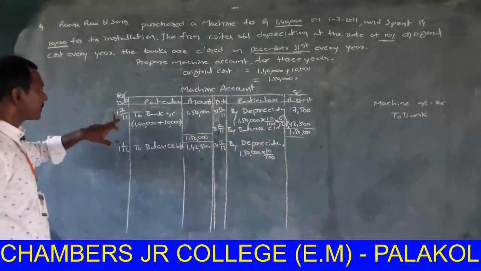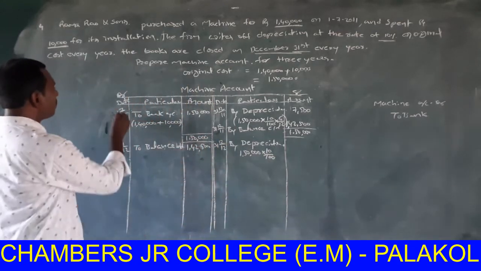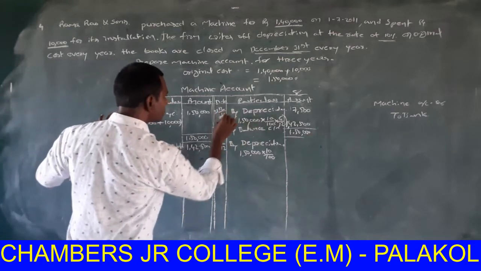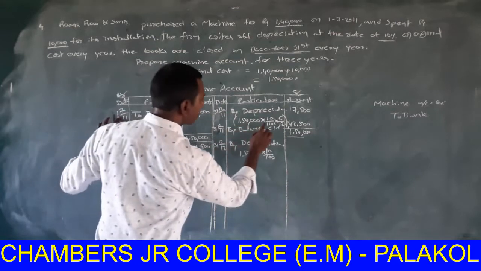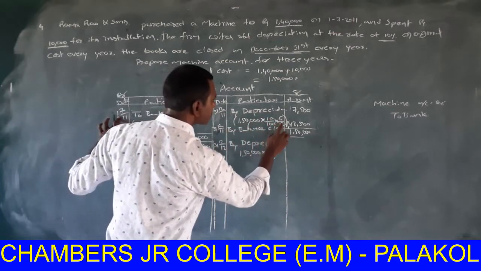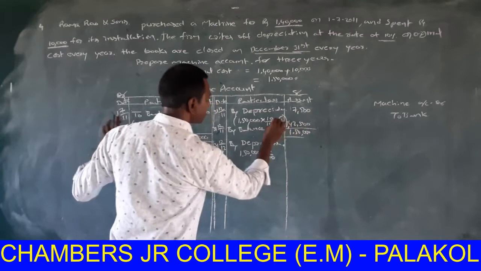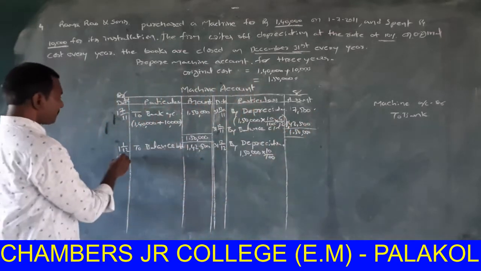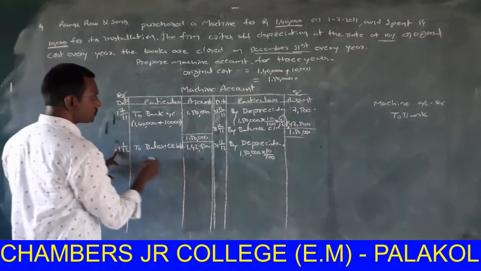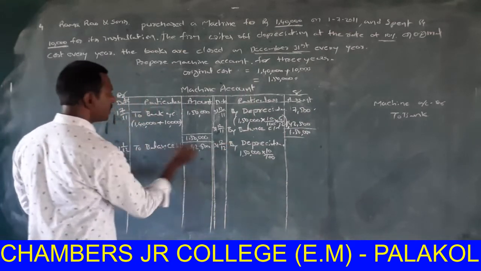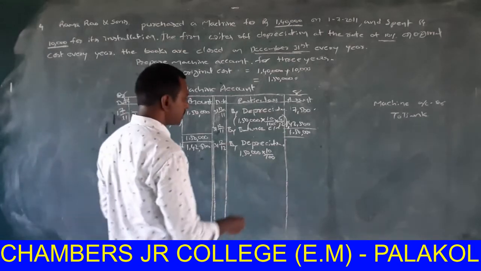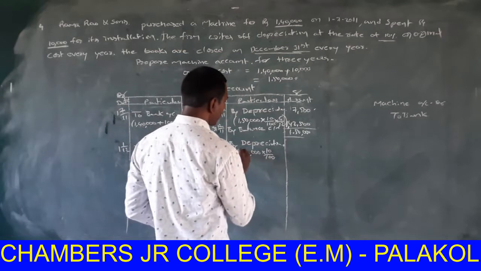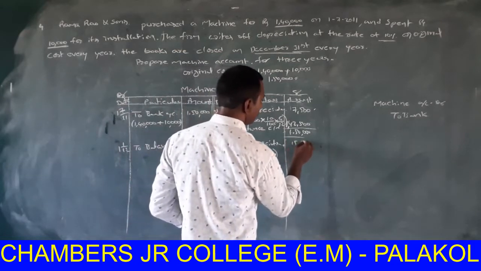Look here: in the first year, purchase date 1/7/2011, depreciation calculated on 31/12/2011 for 6 months, so 1,50,000 into 10 by 100 into 6 by 12, which is 7,500. In the second year, 1/1/2012 to 31/12/2012 is 12 months, 1 year. So depreciation is 1,50,000 into 10 by 100, that is 15,000.